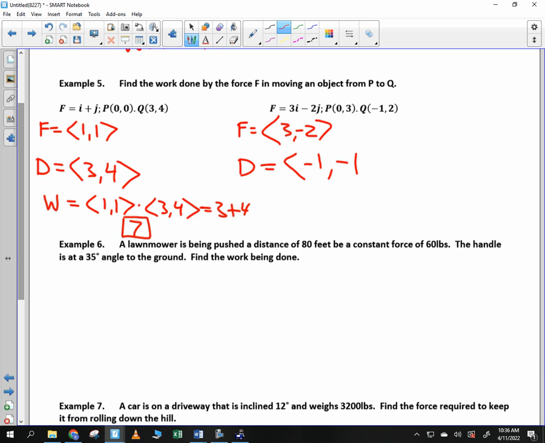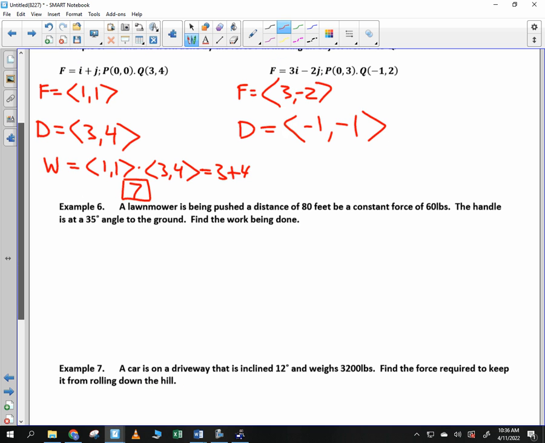Negative 1 as well. So we have <3, -2> times <-1, -1>. And how do I multiply that again? Negative 1 unit. That's not too bad, huh?